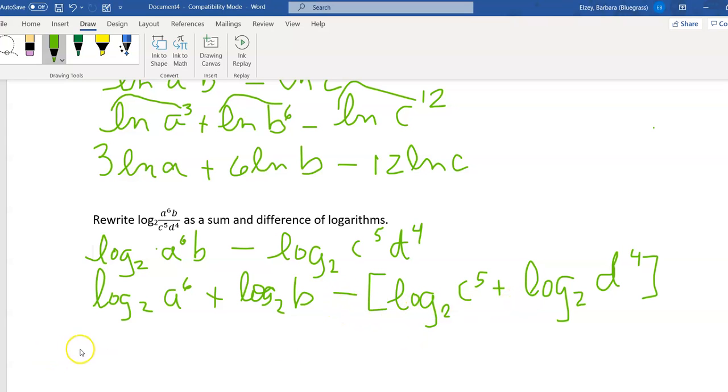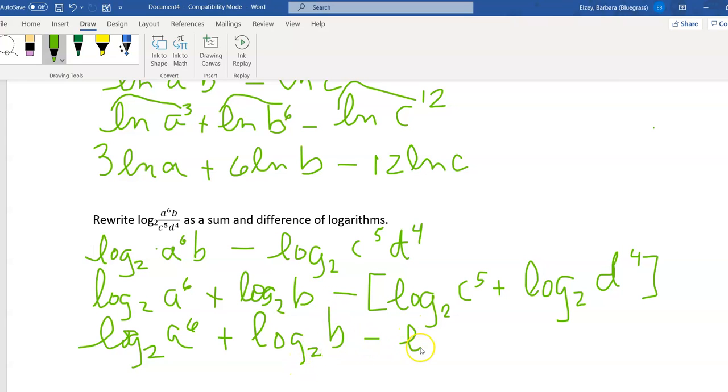So this becomes minus log base 2 of c to the 5th, and distributing that minus sign, minus log base 2 of d to the 4th.